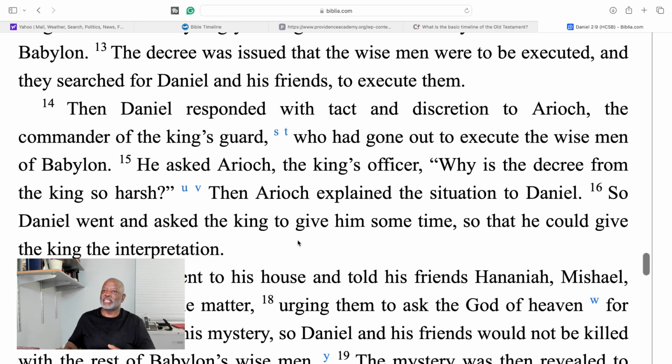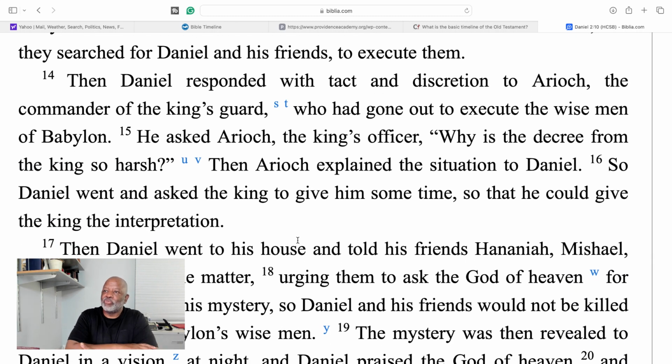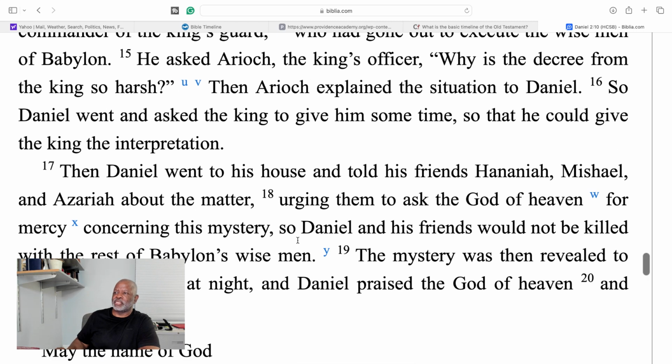So verse 14 says, then Daniel responded with tact and discretion to Arioch, the commander of the king's guard, who had gone out to execute the wise men of Babylon. He asked Arioch, the king's officer, why is this decree from the king so harsh? Arioch explained the situation to Daniel.